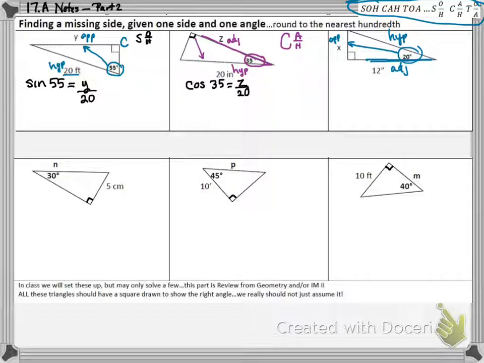My hypotenuse has no number. It has no letter. It's not very helpful to us this time. Of those 3, the only one that does not deal with the hypotenuse is tangent. So I'm going to say the tangent is the opposite over the adjacent. Come down here, let's set this up. The tangent of the only angle I know equals the side opposite from that over the side adjacent to that.